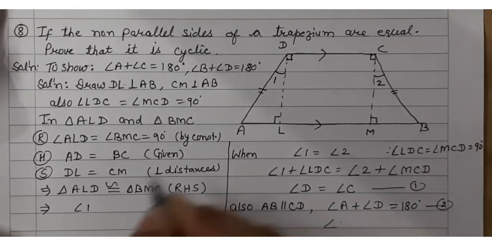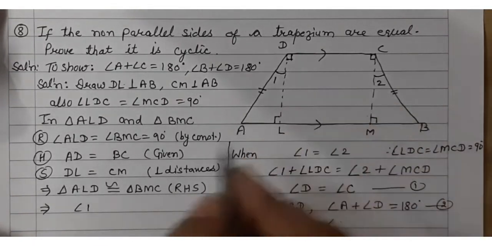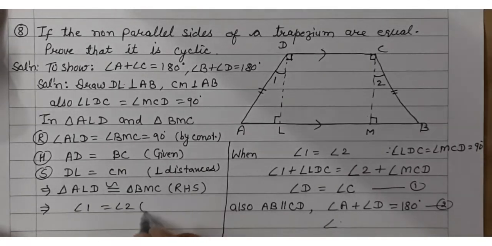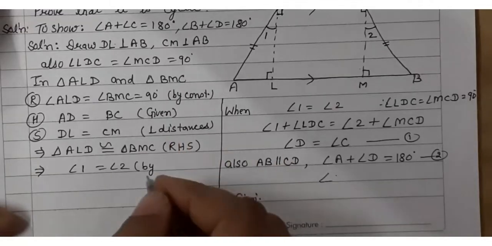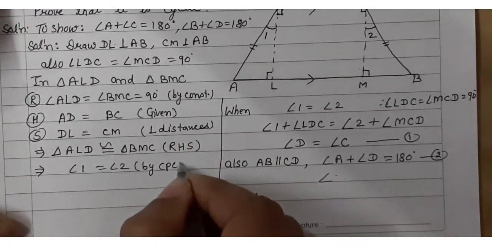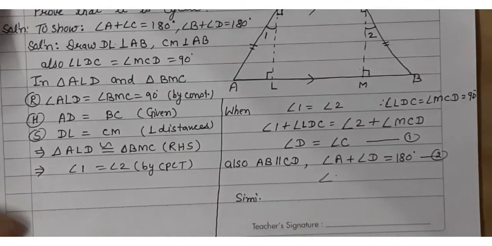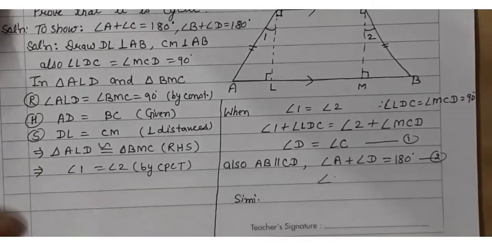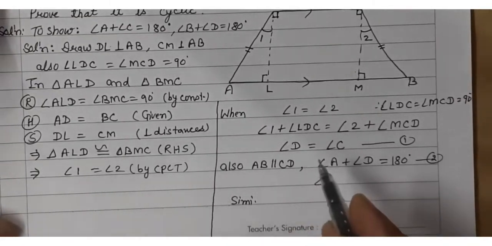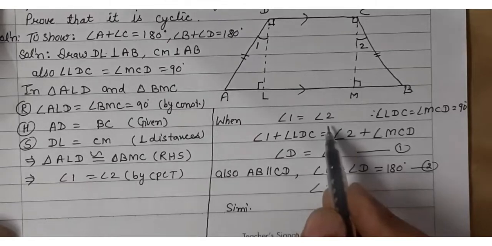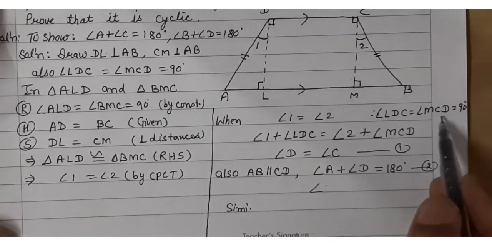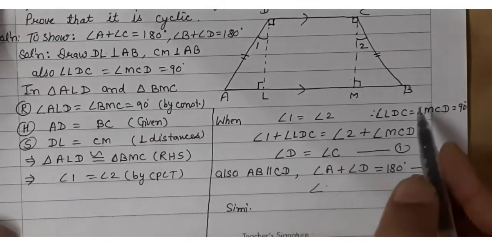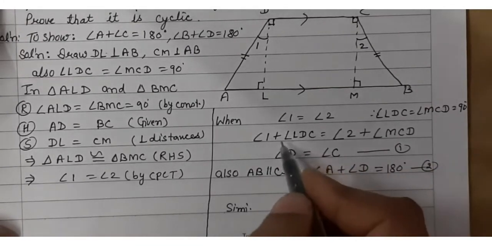So by CPCT, what I can say, angle 1 equal to angle 2 by CPCT. Okay. Now just you see, angle 1 equal to angle 2. And what we know, angle LDC and angle MCD equal to 90. So what I am doing, I am adding both sides.